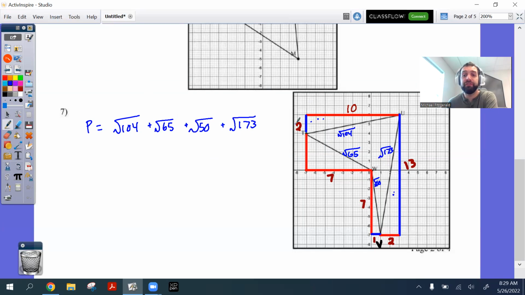Now, to find the area of all this, if we were asked that, we'd still need to triangulate all these, but we don't need to use the Pythagorean theorem. So I'm going to erase these values in here because we don't need that. Let's shift gears to area.